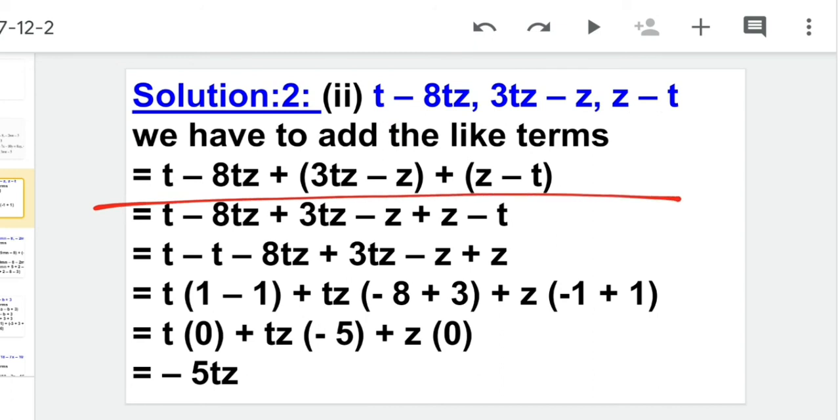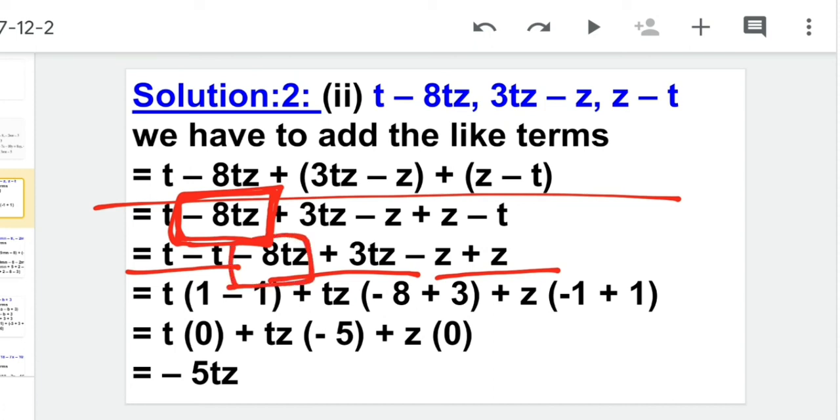Now we have to write all the like terms together. So t together, tz together, and z together. The very important thing you have to keep in mind is that whenever you write these terms, you have to take these terms with their sign. For example, we are taking 8tz with the negative sign here.